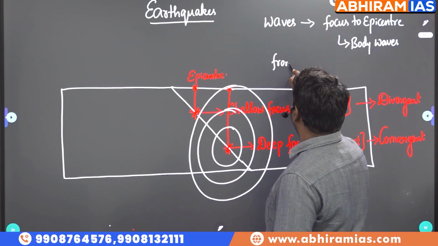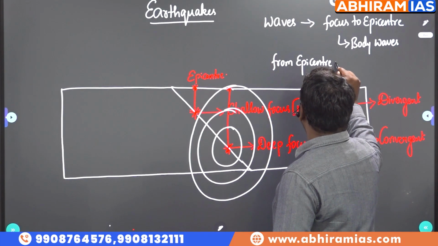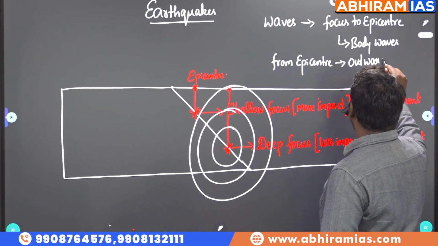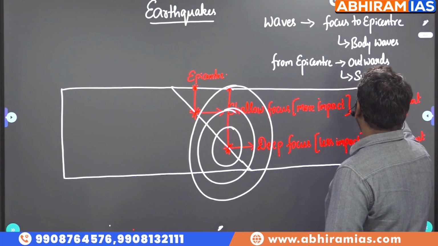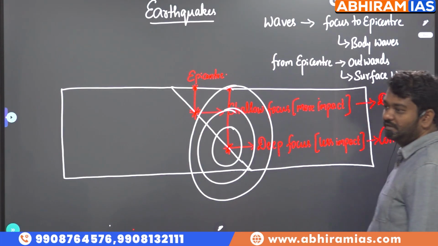From epicenter outwards is known as surface waves.